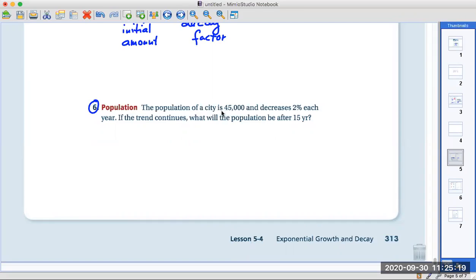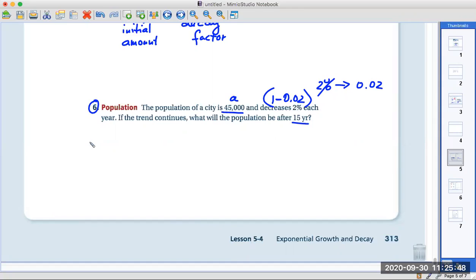The population of a city is 45,000, that's the A, and decreases 2%. Do not use that number, use 0.02. That's your decay factor, minus. Each year, if the trend continues, what will the population be after 15 years?